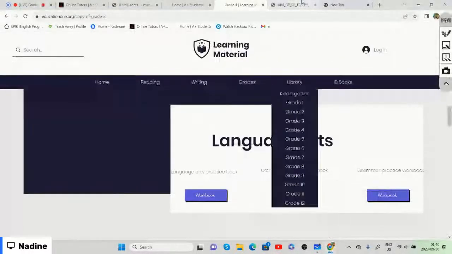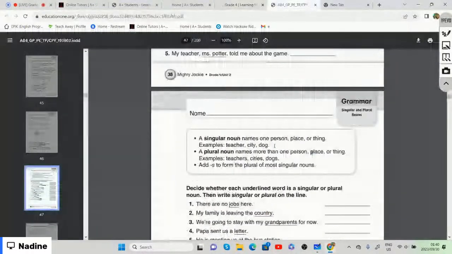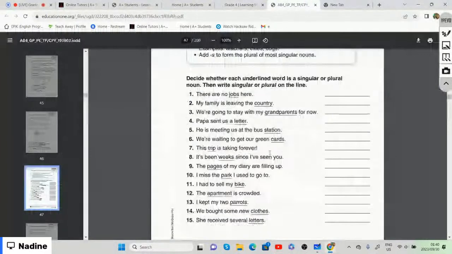All right, so we're in the grammar. Once we are on page 39, right? Page 39 says you need to decide whether each underlined word is either a singular or plural noun, right?